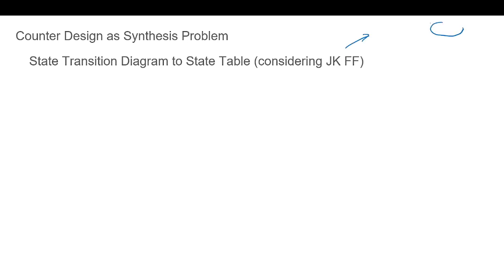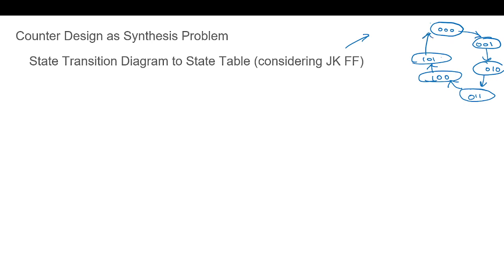If we have a state transition diagram like this, and if we consider JK flip flop, then first we will have the values for Cn, Bn, An.